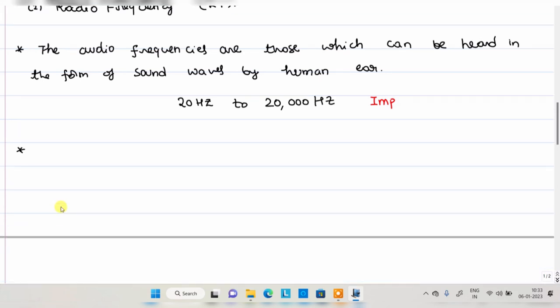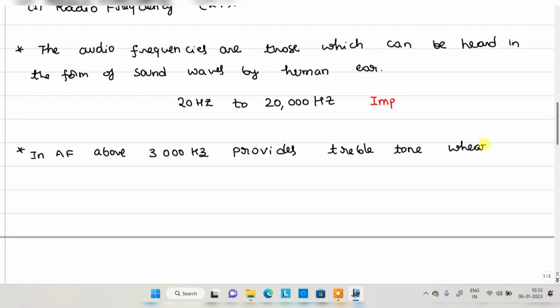Next one, audio frequencies above 3000 Hz, in AF, provide a terrible tone, that means a harsh sound, whereas those below 300 Hz provide a bass tone.